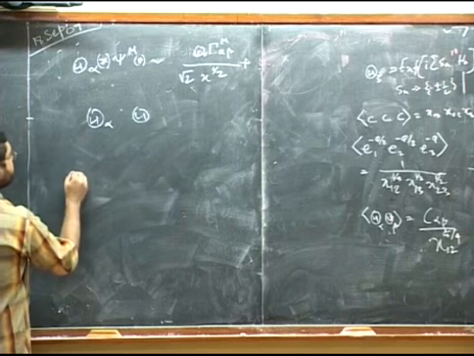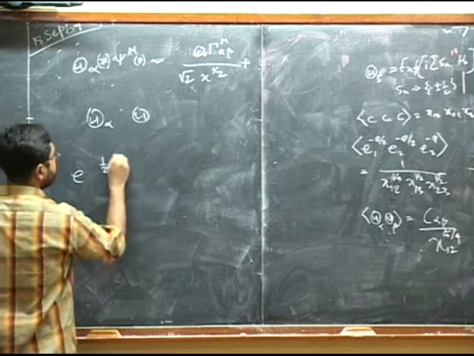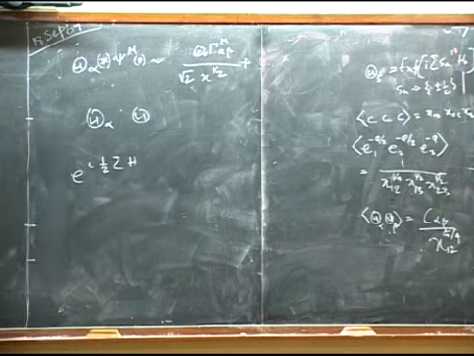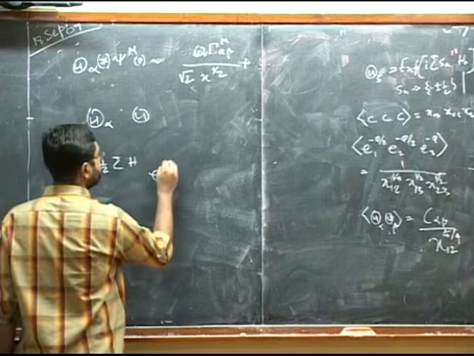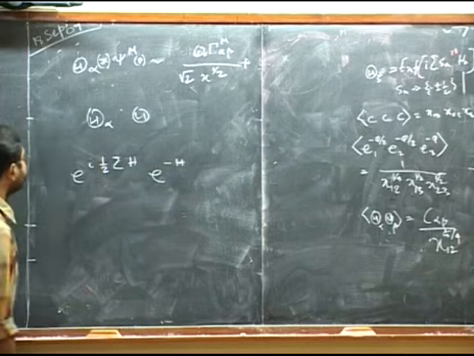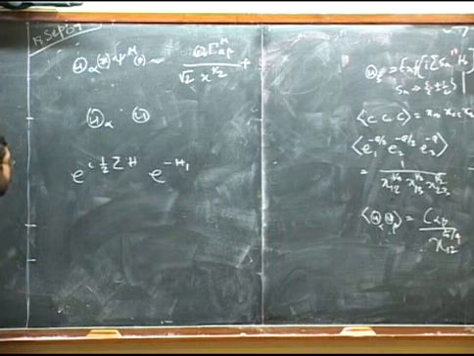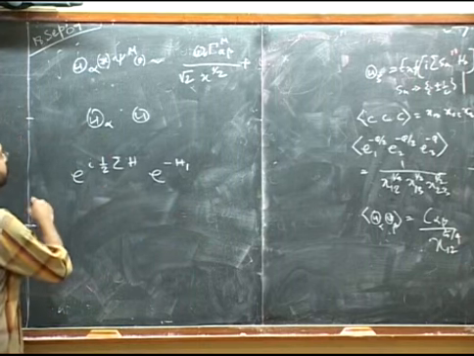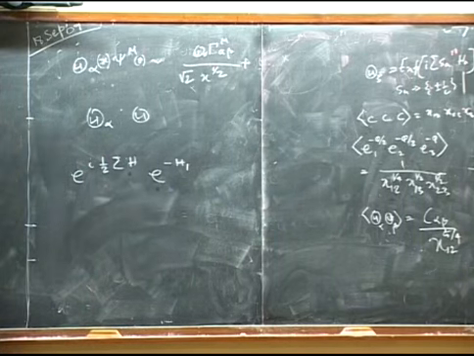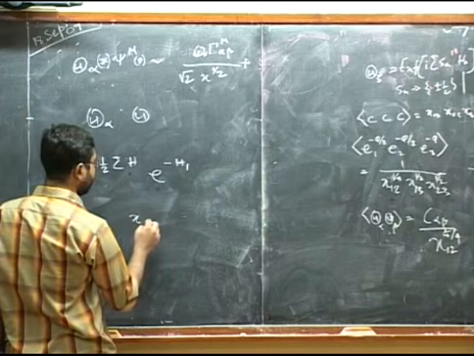So write that down, e to the power i by 2 psi over h, and psi was e to the power minus h1. That particular side. Now, what would we get from doing this? It will click only when this is h1, and that would be like x to the power.